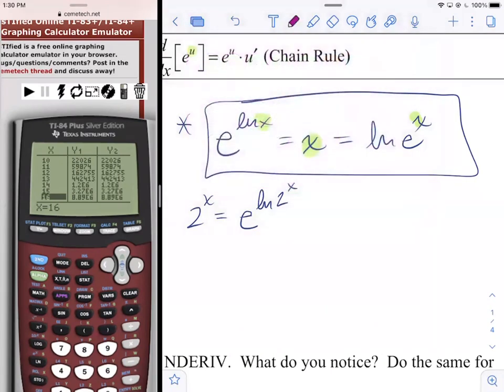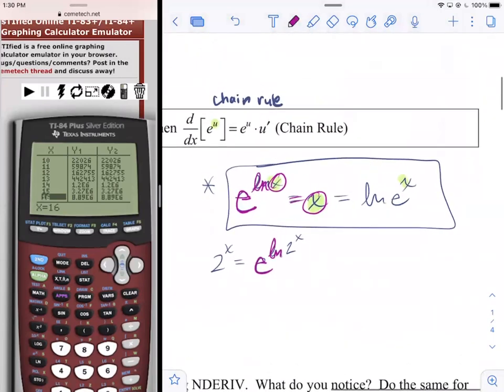Look up here. Look at this left one. E to the natural log of blob should equal the blob, right? So look what I wrote. I wrote e to the natural log of the blob, which is 2 to the x. It should equal 2 to the x. Yeah, so that is correct.